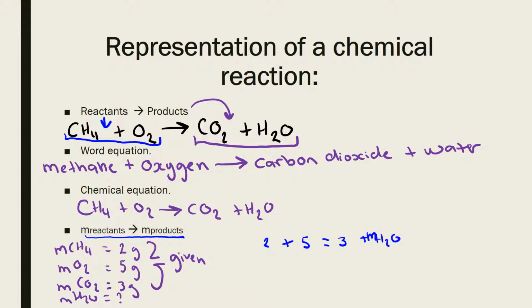So we need to find the mass of H2O. So this is 2 plus 5, which is 7, equals 3 plus mass of H2O. We move the 3 to the other side, which becomes a minus. So 7 minus 3 equals the mass of H2O. 7 minus 3 is 4, which equals the mass of H2O.